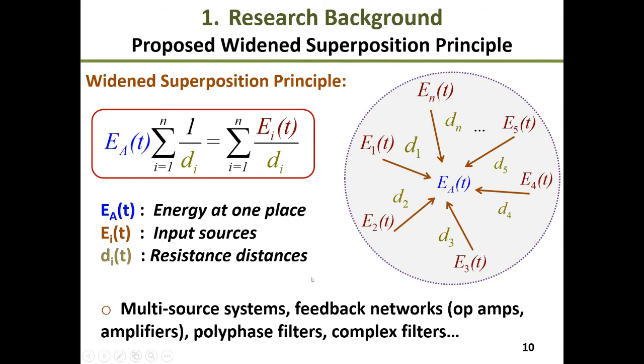So when we want to define the transfer function of a complex network, it's very difficult for us to use the conventional methods, because we have to consider the effect of each loop in a network.